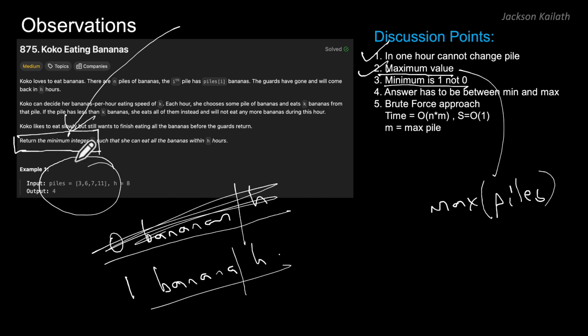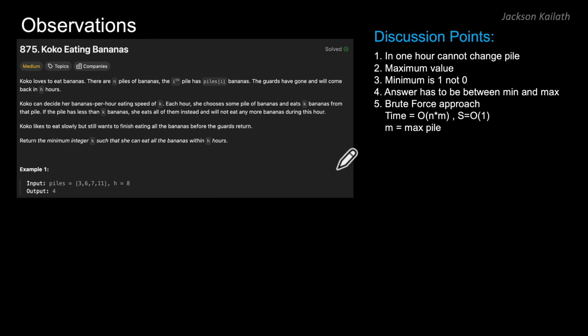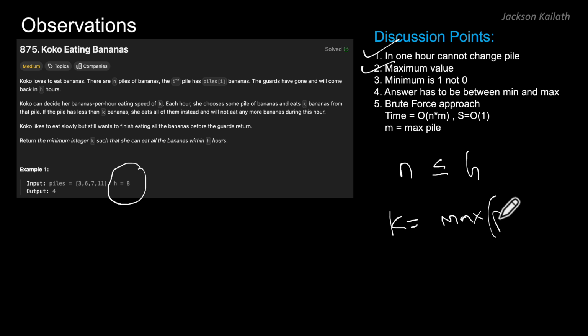value for k. So far the things that we have discussed is that in 1 hour she'll not be able to change a pile. Therefore, the size of the piles array has to be less than or equal to h, which is the total number of hours available for Koko. And because of this, we have discussed that the maximum speed at which she would have to eat would be max of piles. So this would be the maximum value for k.